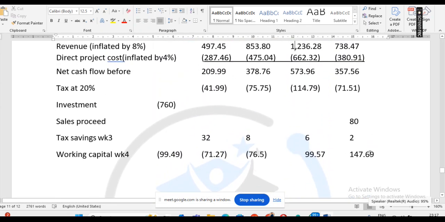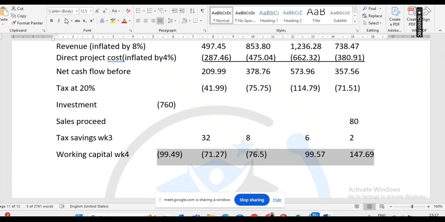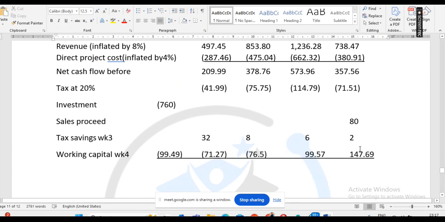So the next thing is, give me the figures, add and subtract. What should I call this? Net cash flow.